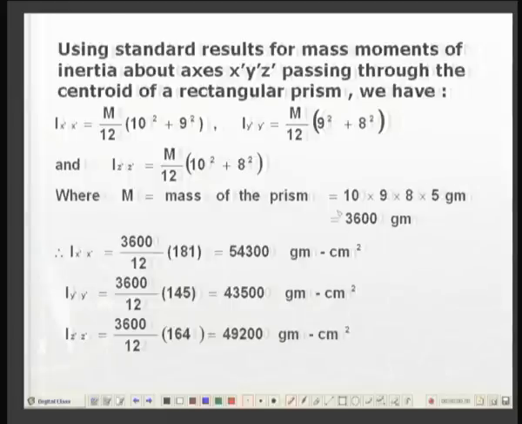So, it comes out to 3600, and when I substitute in these 3 expressions and simplify these brackets, I will get I x dash is 54,300 grams centimeter square. These are the units of the moments of inertia. I y dash is 43,500 grams centimeter square, and I z dash is 49,200 grams centimeter square.